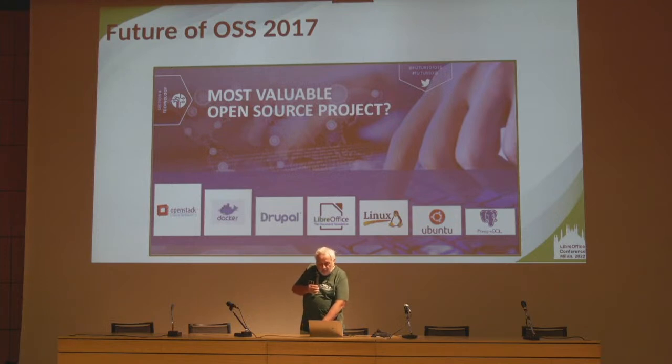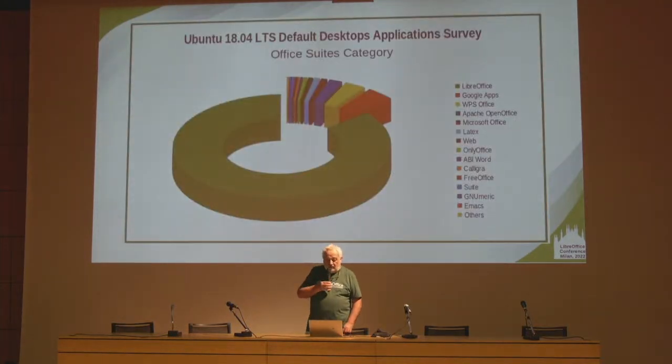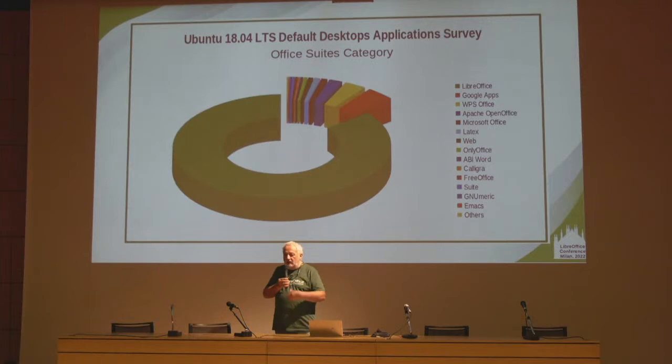And the year after, there were rumors that Ubuntu was going to replace the desktop software with an online suite. So they asked their users, which software do you want? And this was unexpected as well. So LibreOffice is the green one.